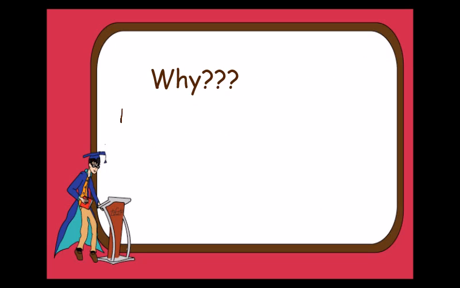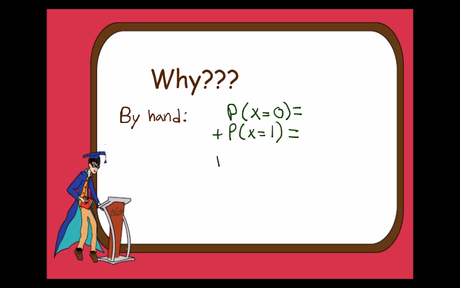Let's see here. We would, by hand, if we had created the distribution, find the probability when x equals 0, and we'd have to find when the probability of x equals 1, and we're adding these two values together, so we've got nothing but decimals, plus when x equals 2, and have to keep doing this all the way down until we hit when x equals 50, using our formula for binomials.